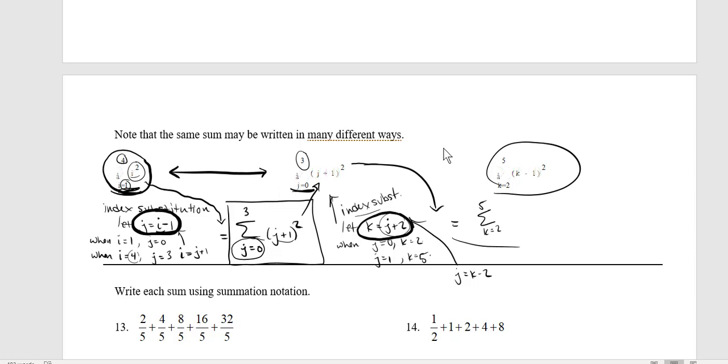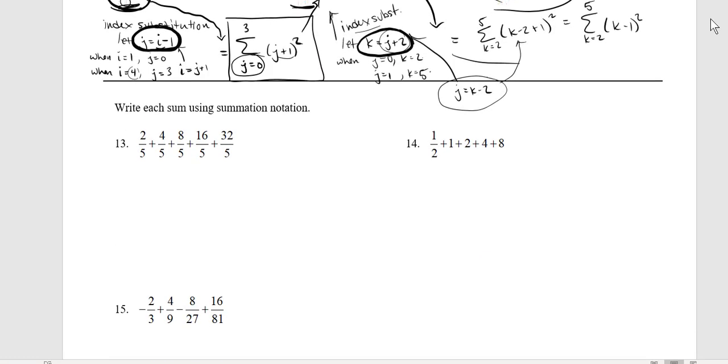Instead of j plus 1, we're going to do k minus 2 plus 1, because that's what j equals, k minus 2 plus 1 squared. And what is this? It's the sum from k equals 2 to 5 of k minus 1 squared, which, if you can see, is exactly the expression we have here in this summation.